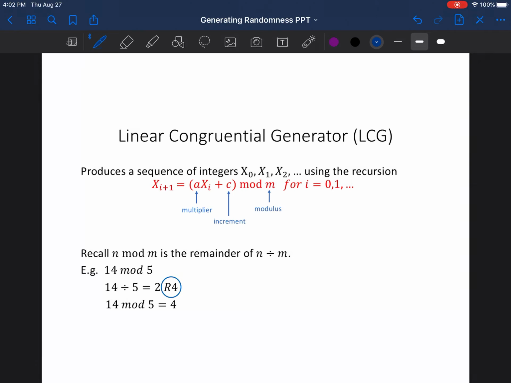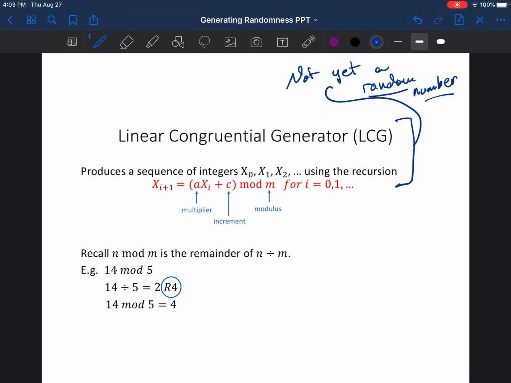Welcome to part 2 of lecture 4. We're going to now talk about linear congruential generators. What this is actually going to produce is a sequence of integers. And I want you to note that this is not yet what we just defined as a random number.